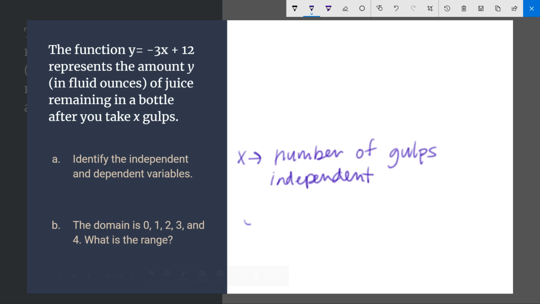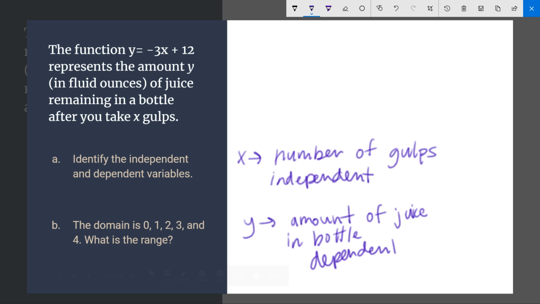So that means y, which is the amount of juice, juice in bottle, that is our dependent variable. Okay?